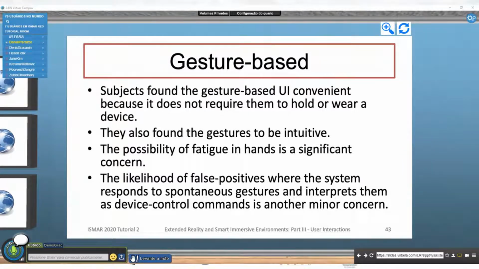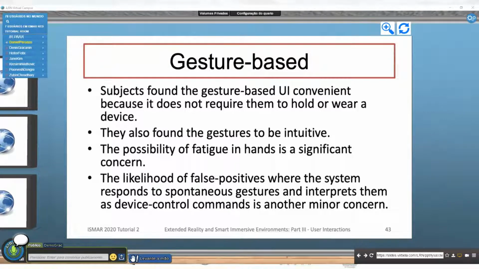Gesture-based, as a modality that is part of smart university environment, tends to be most interesting. First, subjects found that to be convenient because it doesn't require them to hold a device, in other words, no need for physical controls. It's also very intuitive.